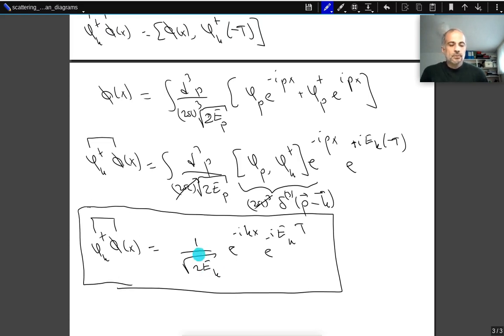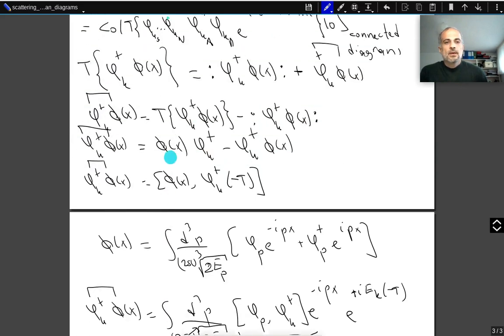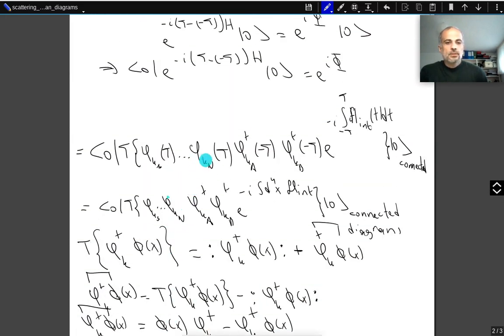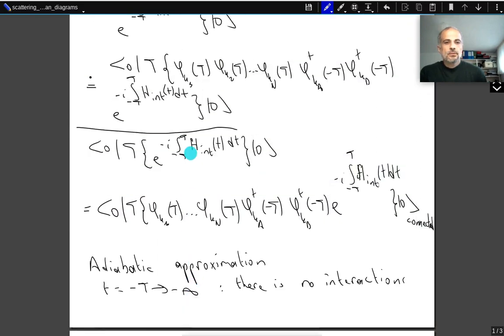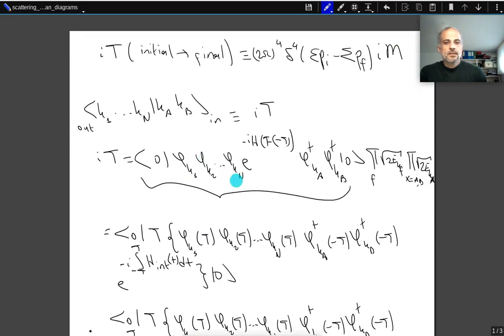So first thing to note is, you see, we have this 1 over square root of 2 E_k, k being the momentum of this field. Now if you go back to the matrix element that we are looking for, at the end of the day we want to calculate this matrix element over here in the T matrix, multiplied by square root of 2 E_ka and E_kb.